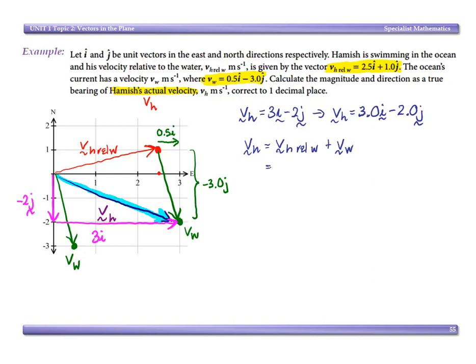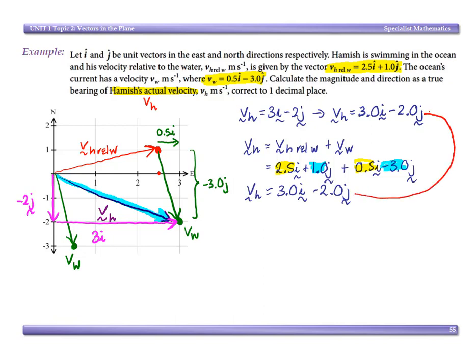Now the velocity of Hamish relative to the water is 2.5i plus 1j plus the velocity of the water 0.5i minus 3j, and that is going to be 2.5 plus 0.5 is 3.0i. 1 take 3 is minus 2.0j. And you can see that that equals what I got with the diagram.